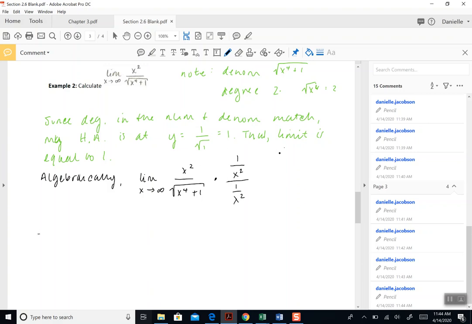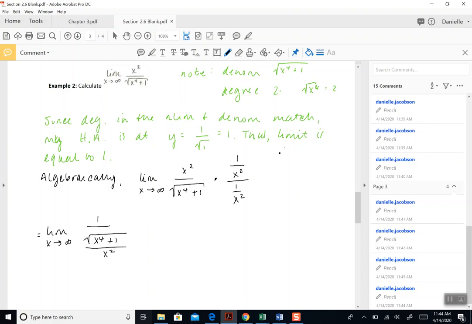All right, so when I do that for the numerator, which is the more gentle part in this question, I get x squared over x squared, which is just 1. All right, the denominator is a little bit more tricky, okay? So I'm going to write this out. I have root x to the fourth plus 1 over x squared.